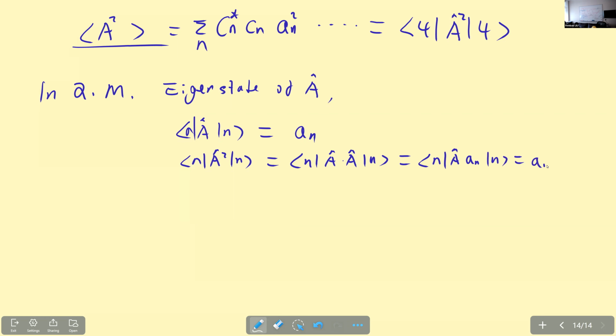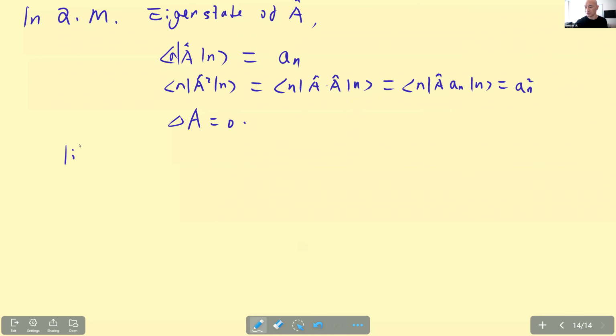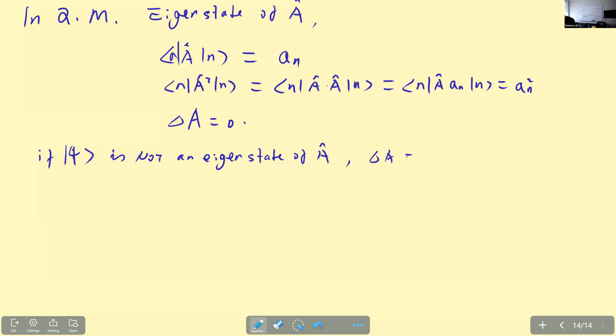So it's nothing but just a_m squared, which means the variance is 0. But the point is that if ψ is not an eigenstate of A, then you can have that ΔA in general is not 0. So this is a quantum fluctuation.